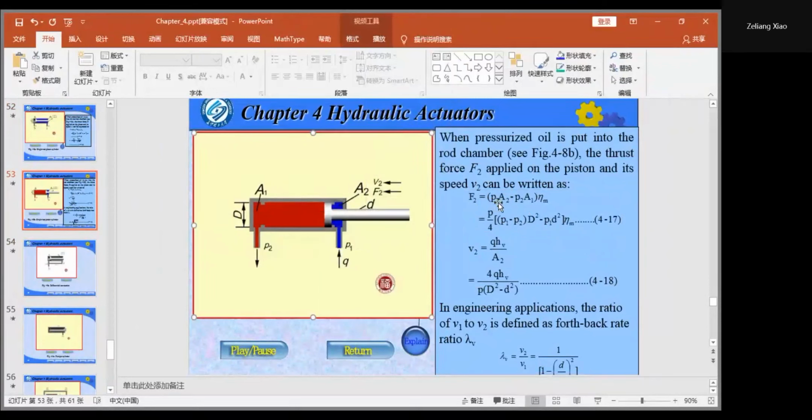So P1 multiplies A2 and minus P2 multiplies A2. Then multiplied by the mechanical efficiency and we can get the force.